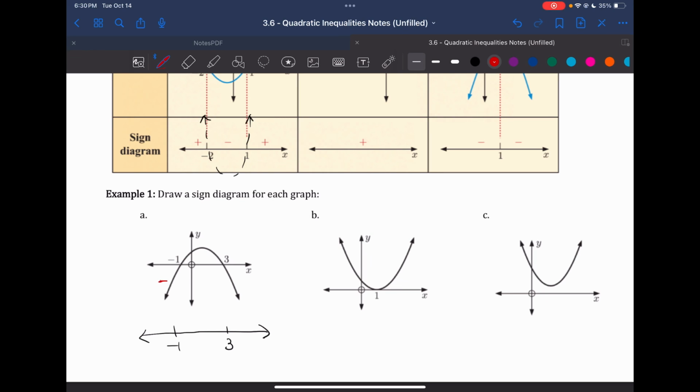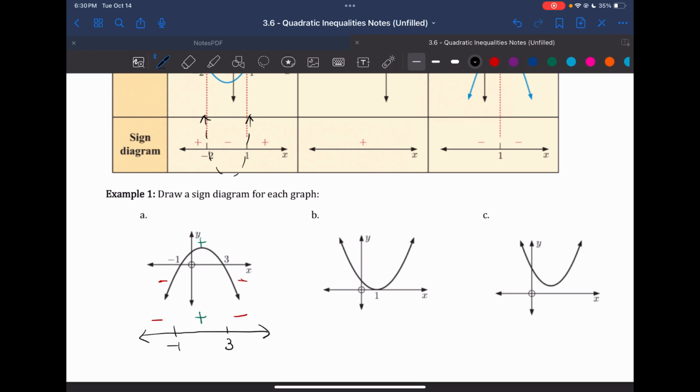Once I hit -1, it goes above, so that would be positive. Then when I hit 3, it is below again, so that would be negative. I'm just going to put that on my sign diagram instead of putting it on the graph. So we have negatives on the outsides and then a positive in the middle. And it's as simple as that.